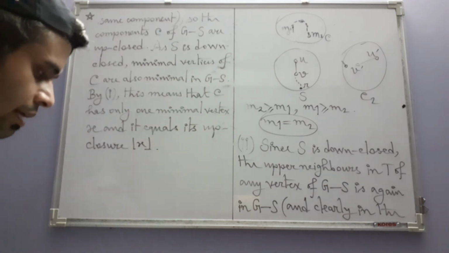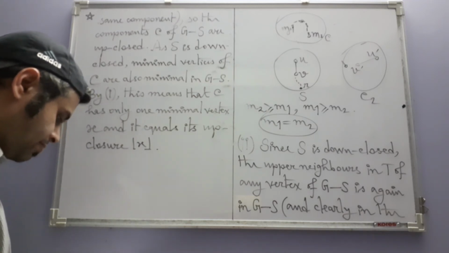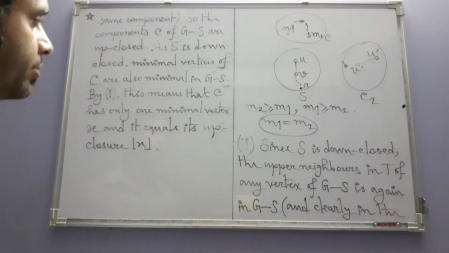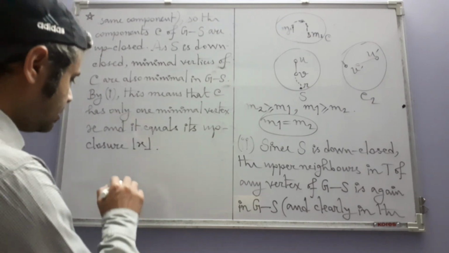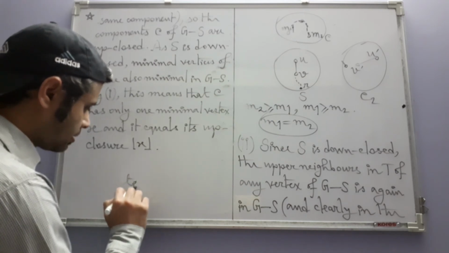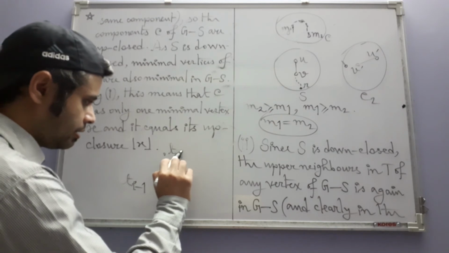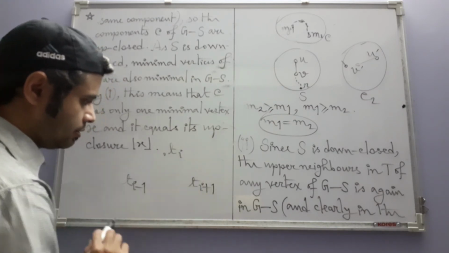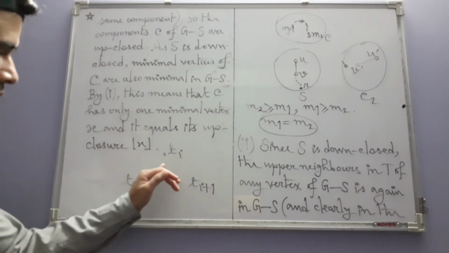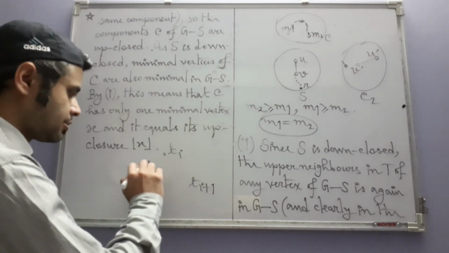We have already seen one such situation that Ti minus 1 cannot be less than Ti, and Ti cannot be greater than Ti plus 1. This situation is just like that.